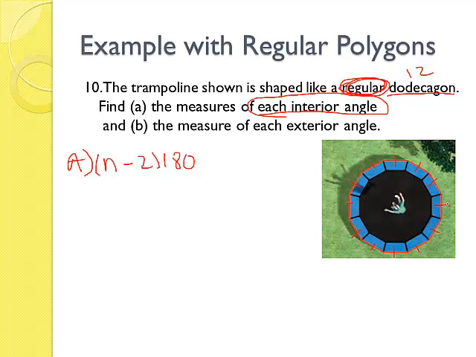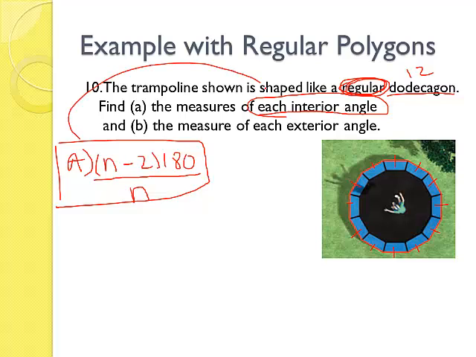To find the measure of each one, you would divide by the number of sides. This is another formula derived from Theorem 8.1. If you want to write this down, that finds the measure of each interior angle, but it only works for a regular polygon.